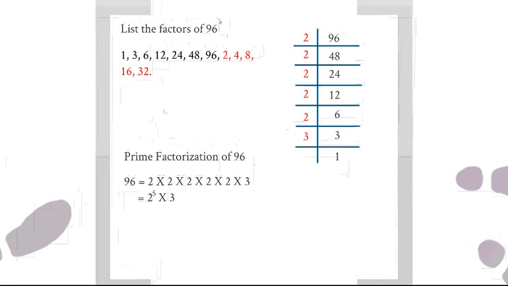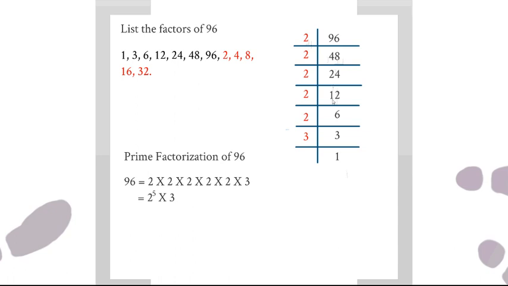So to find all the factors of 96, we use the prime factorization method again. We write 96 here and use the division method and do prime factorization as normal. So we divide 96 by its lowest prime factor, 2, to give us 48.